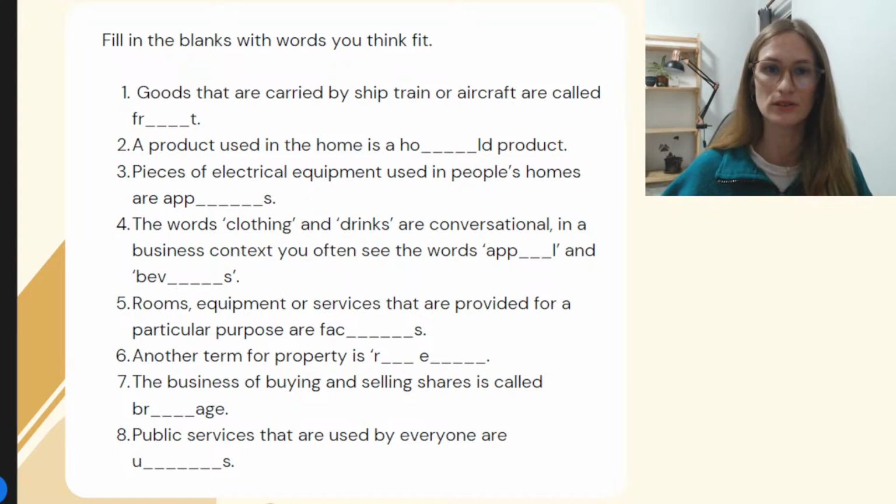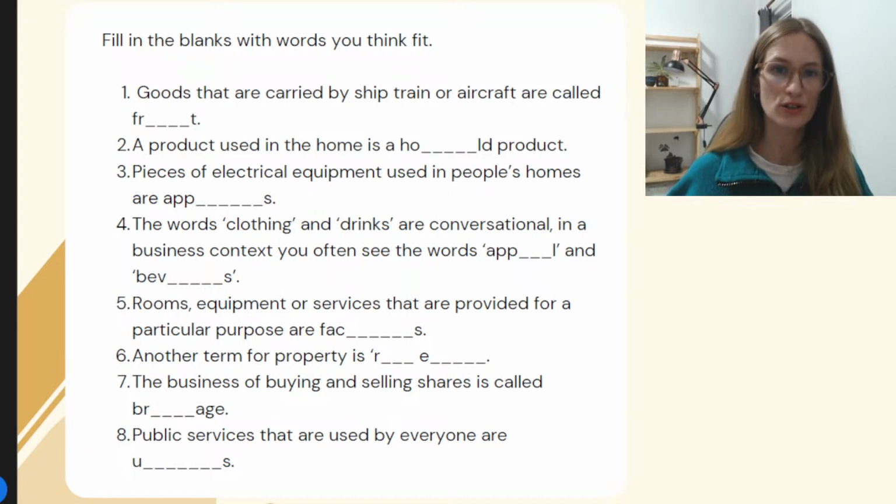What would they be called? Any ideas? Household. Good, perfect. Household product.